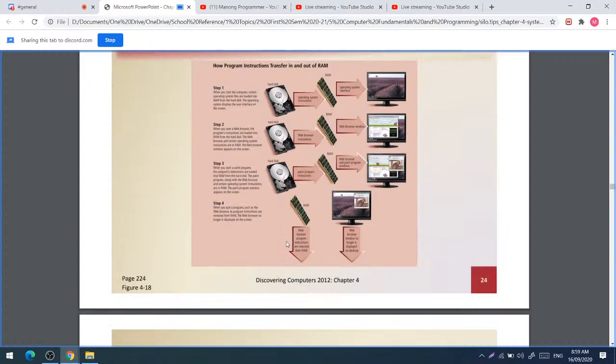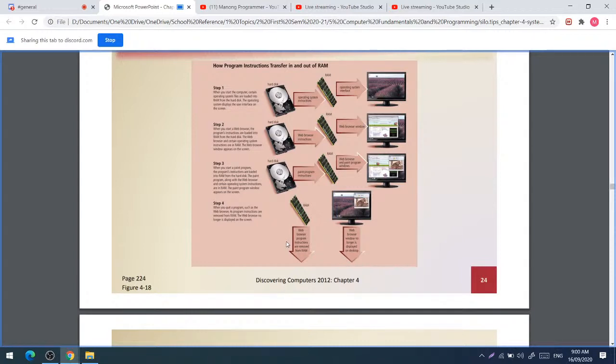Okay. How data and instructions are transferred in and out of the RAM. Take note, all of our data is stored permanently in the hard disk, because our hard disk does not need power to store information. That information is taken from the hard disk and stored to RAM.